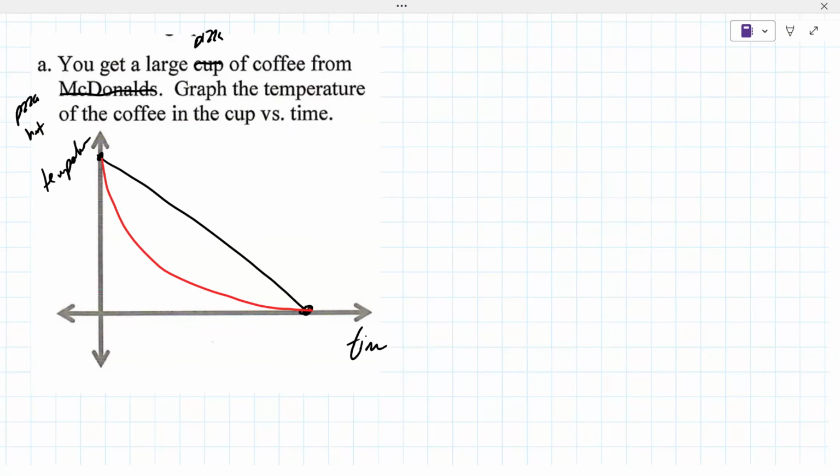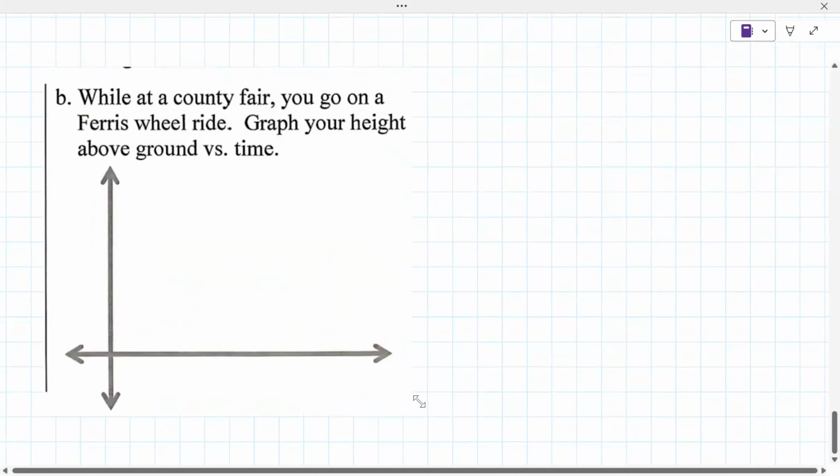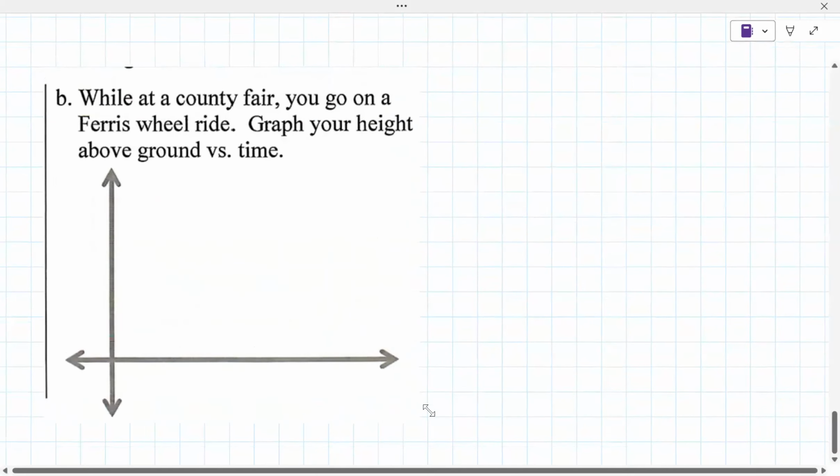All right. I guess we'll do B next. Have you been on a Ferris wheel before? Okay. So let's draw a picture of a Ferris wheel, and let's pretend that you are right here.